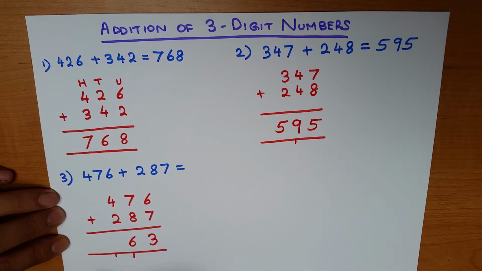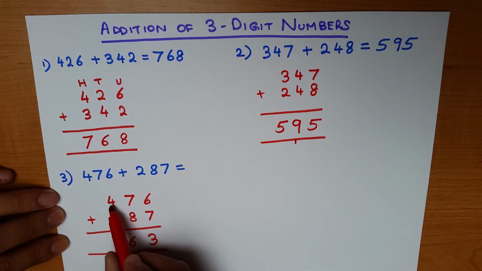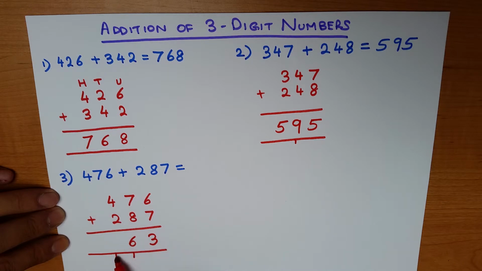And lastly, we add the hundreds column. What is 4 plus 2 plus 1? 4 plus 2 is 6, plus the 1 is 7.